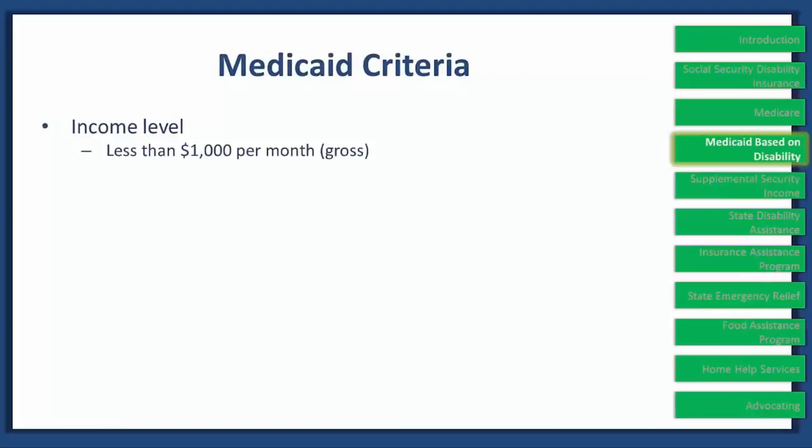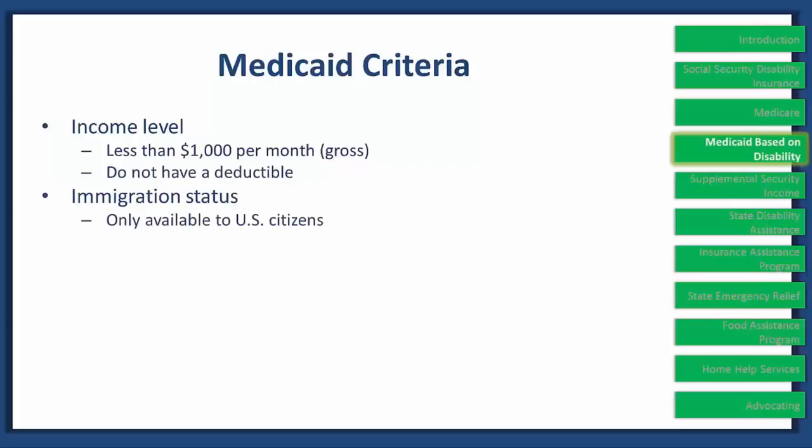Individuals who have income less than $1,000 per month gross, which is the 2015 Federal Poverty Level or FPL, qualify for full Medicaid coverage and do not have a deductible. Immigration status. Medicaid is only available to individuals who are U.S. citizens. However, non-citizens may be able to receive coverage for emergency services.